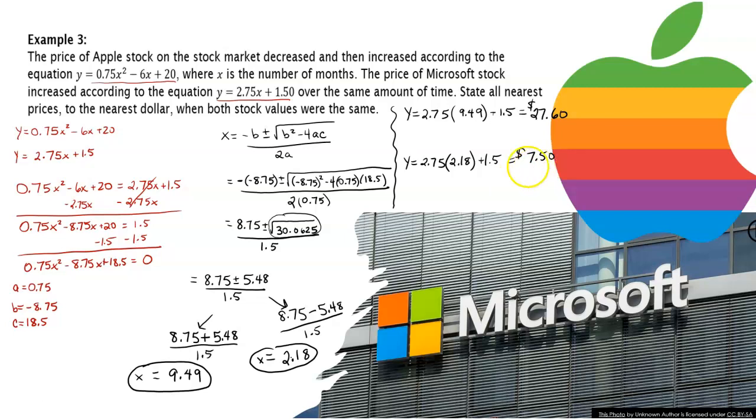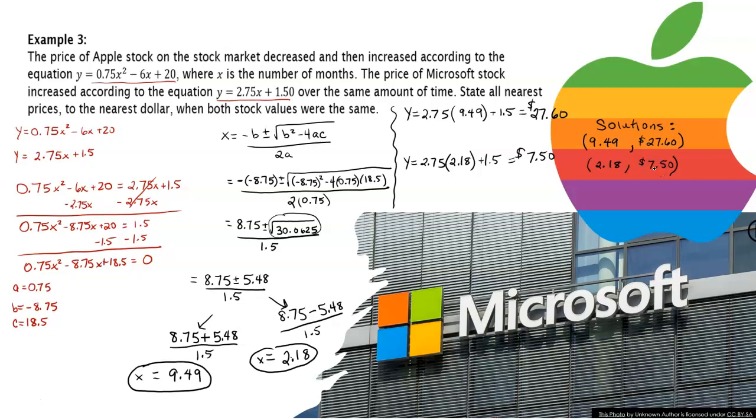So therefore, our two solutions here are 9.49, comma, 27.60, and the other one is 2.18, comma, $7.50.